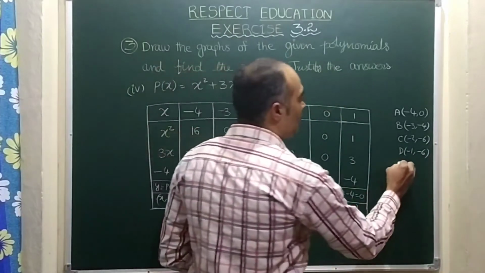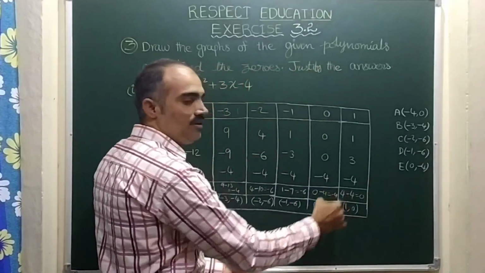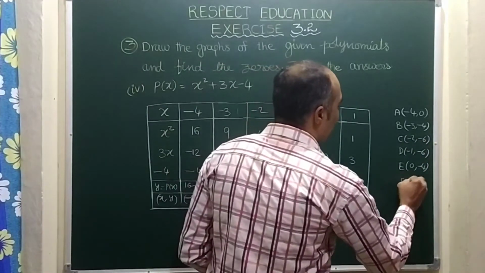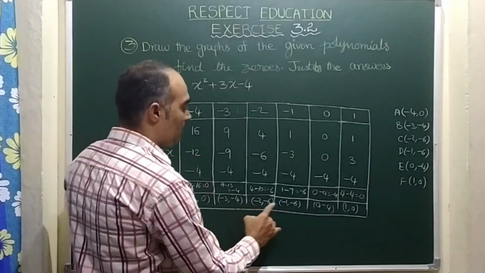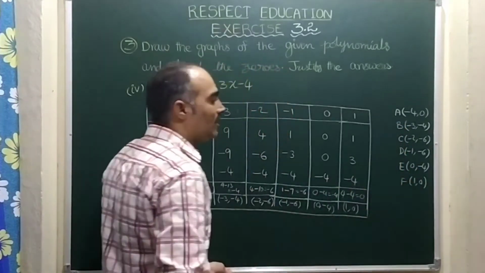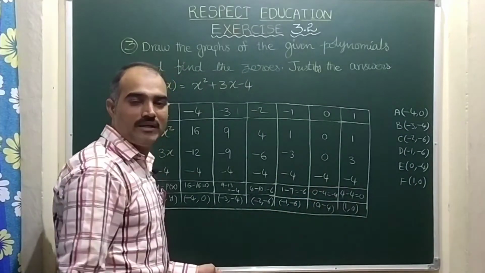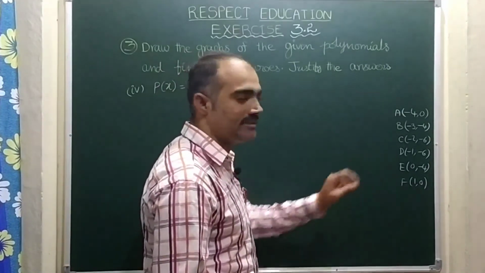E 0 comma minus 4. F 1 comma 0. So here 1 2 3 4 5 6. Now let us draw the graph for these points. Right? Now let us plot a graph to represent these points.